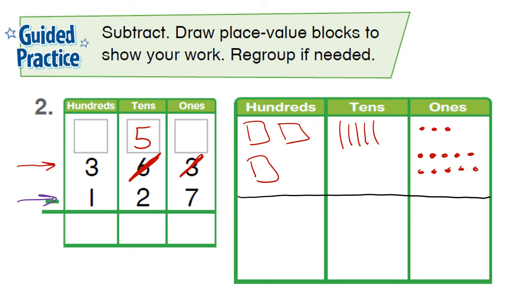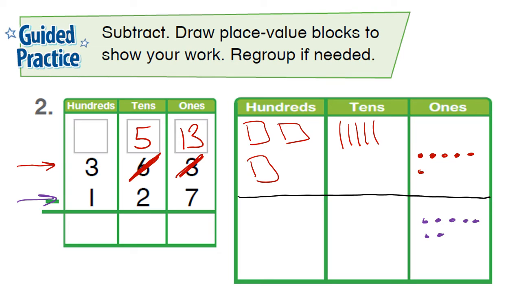We started with 3 units, now we have 13. So now I can subtract 13 minus 7. I have 1, 2, 3, 4, 5, 6, 7, and I will place them down at the bottom.